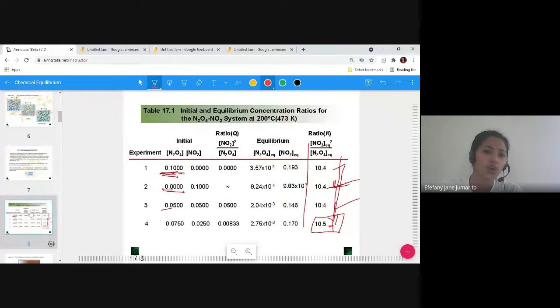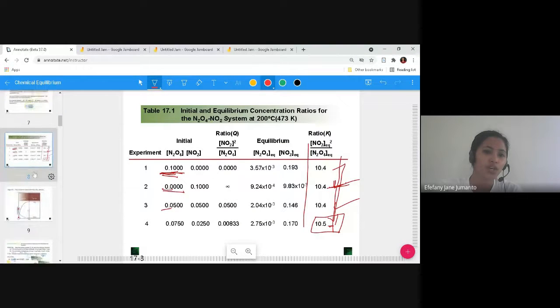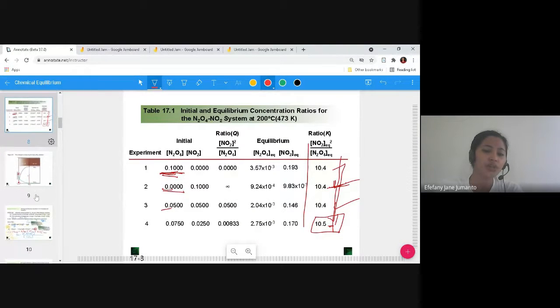That one, the reaction quotient. So again, at equilibrium, it does not matter how much you started with. It does not matter what the amount of your initial concentration is.